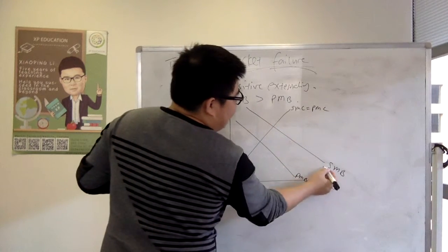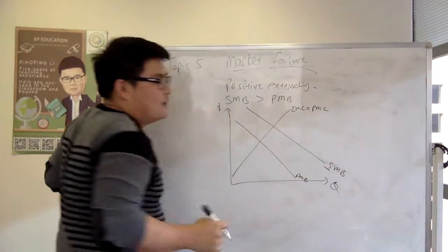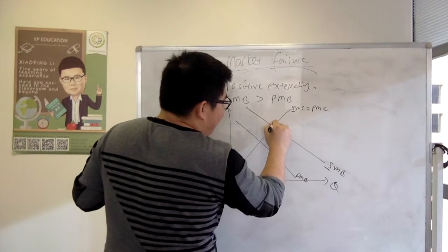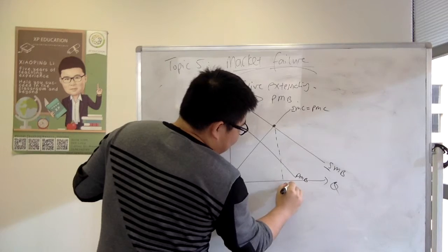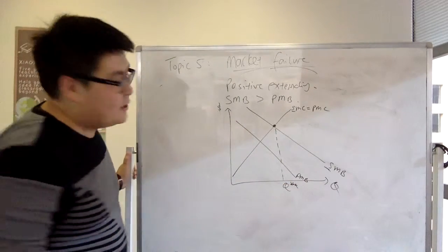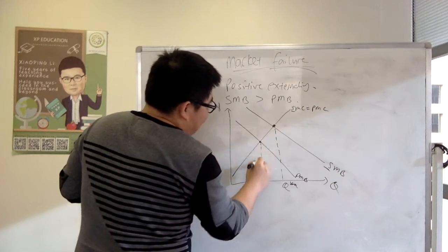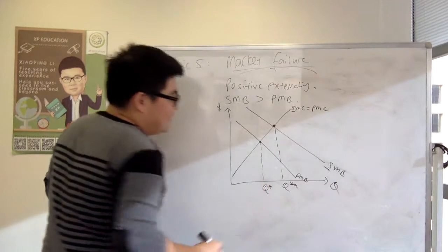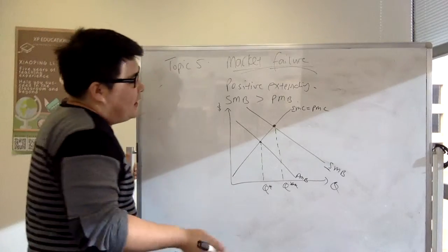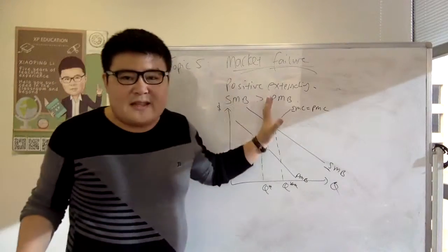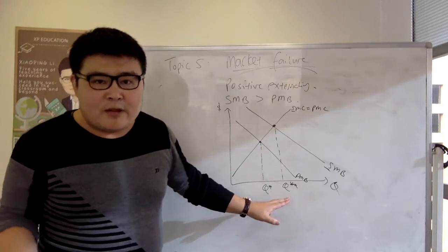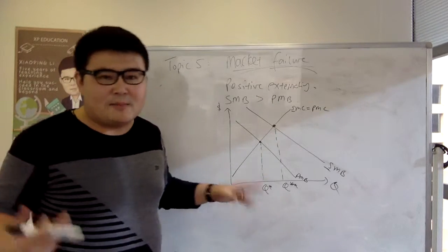Whenever you guys see the S and the S, yes, so the social and the social, this intersection here is always our Q double star, which is the social optimal level of output. And this quantity here will be our Q star, which is the current traded amount of output, yes, okay. Now, because we have a positive externality, we can see that Q double star is the socially optimal level, but we are currently underproducing, yes?